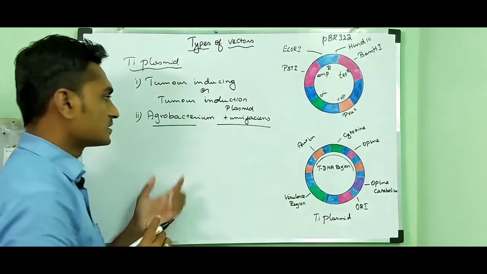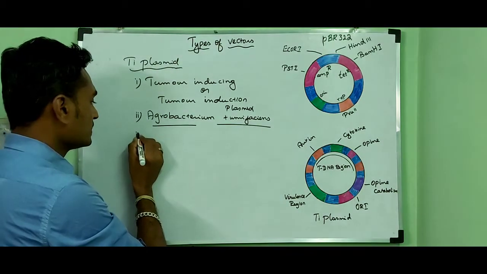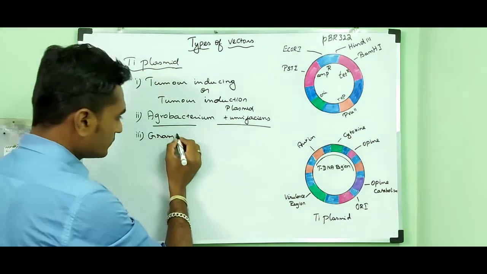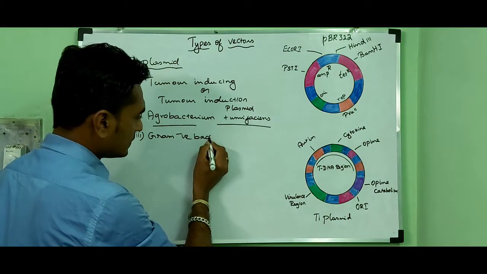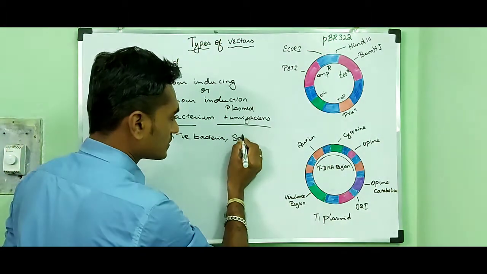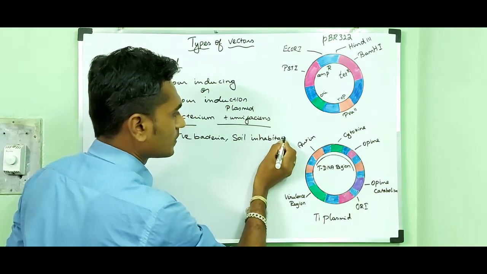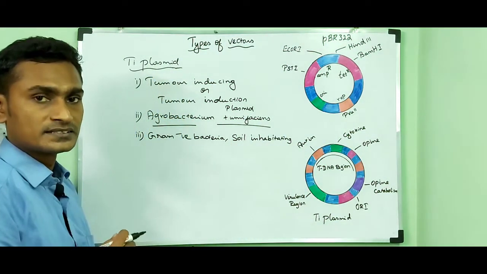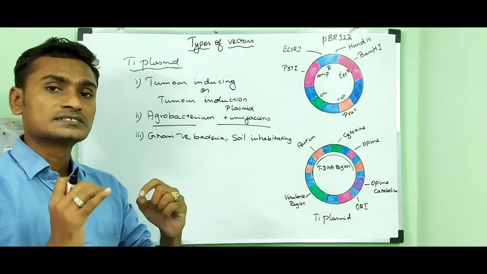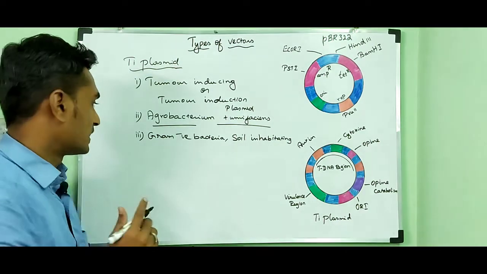Actually, this Agrobacterium tumefaciens is a gram-negative bacteria, and they are soil inhabiting bacteria. Then it can cause a disease called crown gall disease, or tumor or cancer, to the plant cell.